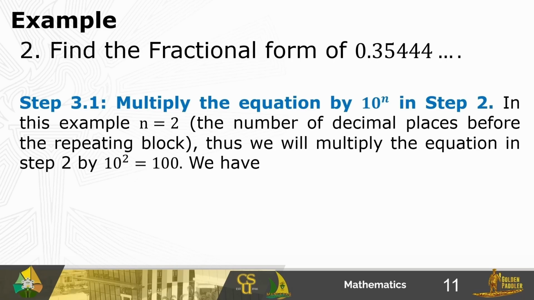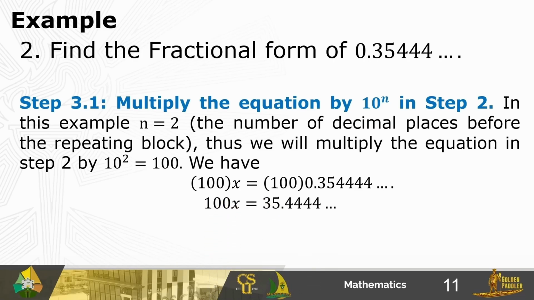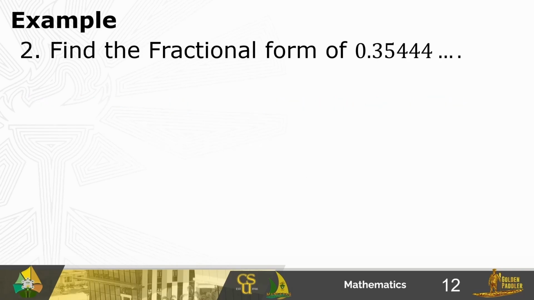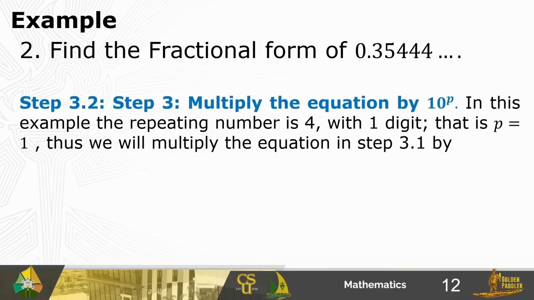Thus, we multiply the equation in step number 2 by 10 squared, which is equal to 100. So 100x equals 100 times 0.35444..., therefore 100x is equal to 35.4444... For step 3.2, we identify how many digits repeat.